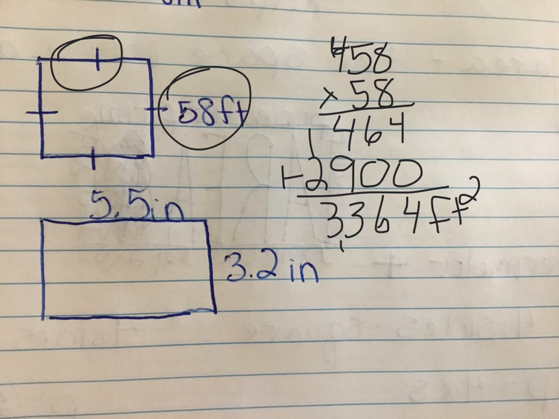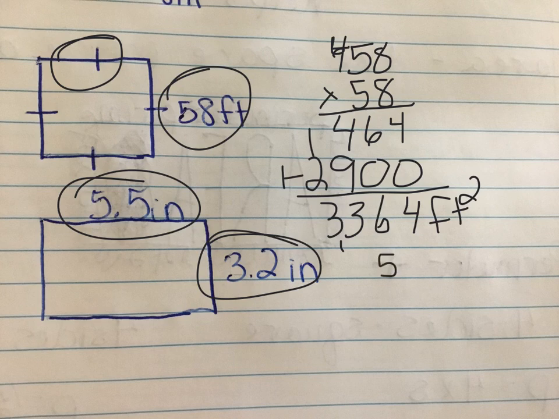Now we're going way back here. We want to find the area with, we have these 2 numbers that have decimals. When we multiply decimals, we do not have to line them up. When we add them, we have to line them up. When we multiply them, we don't. So it just happens that these ones line up. But let's go ahead and figure this out.